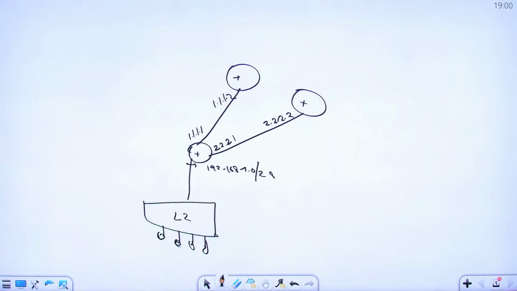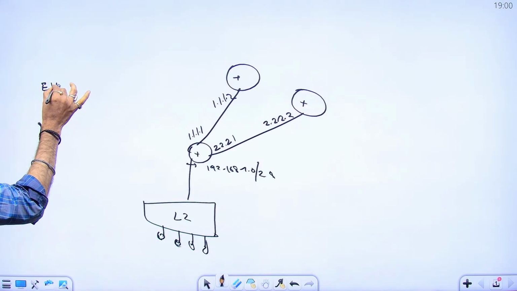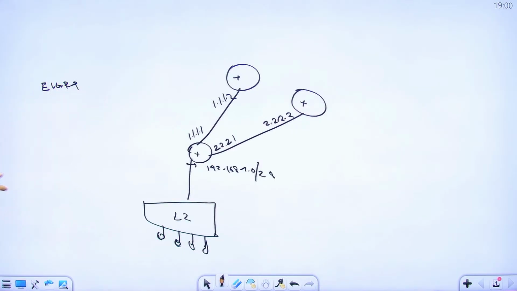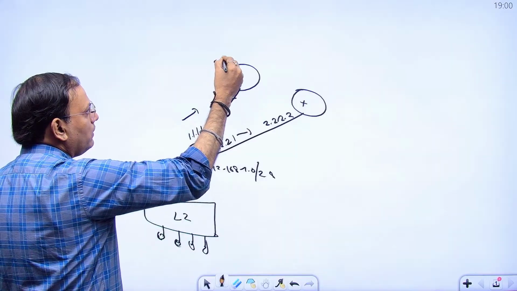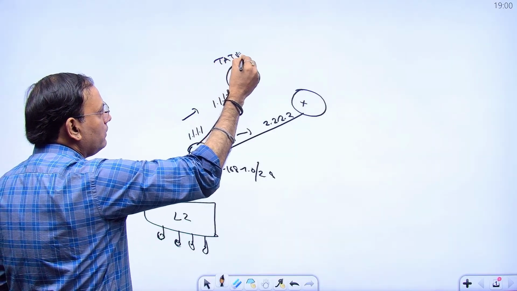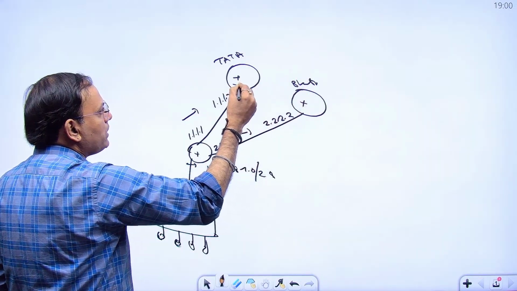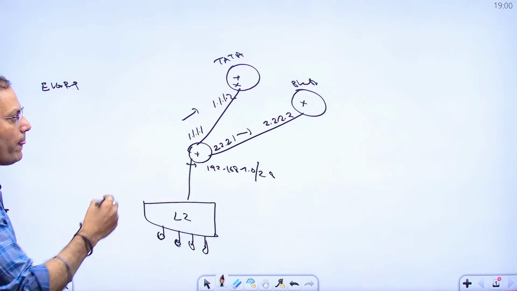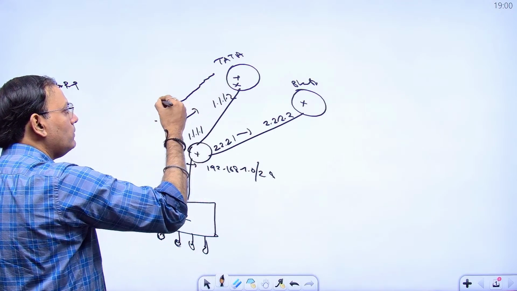Okay. Now, let's say I have configured EIGRP, just imagine, on these two links, Tata and Bharti. If Tata is down, what will happen? This peer is sending hello.